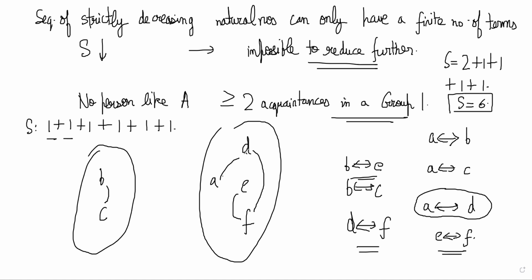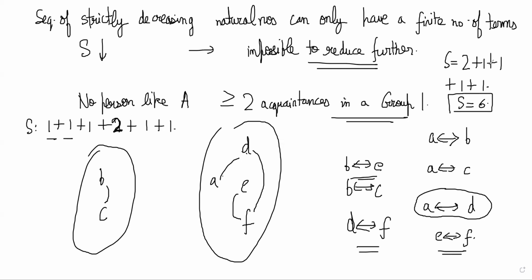No, actually what happened is D became 2. D is linked to 2 people now. A, B, and C are 1, D is 2, and E and F are 1.